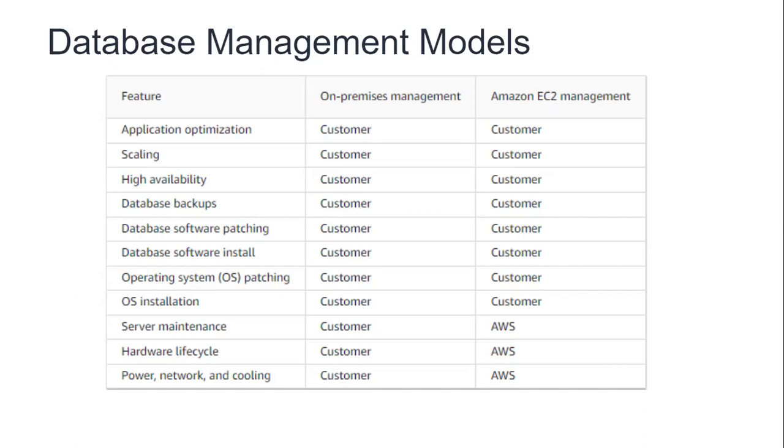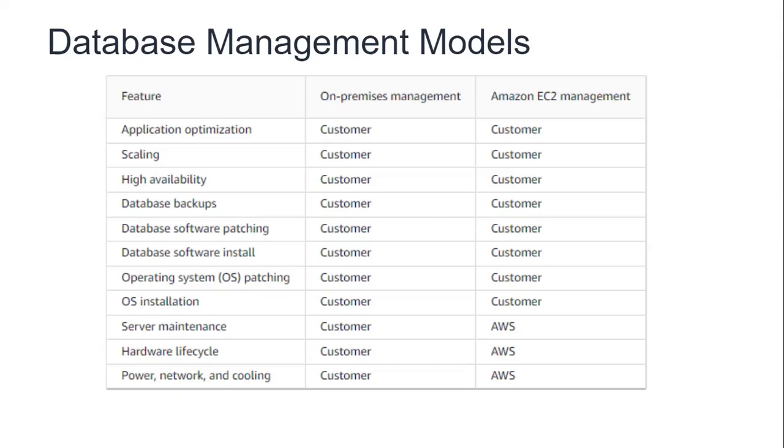It means you do a lot of the work. When you run your database on EC2, there's no difference from when you run your database in your own data center. The only difference is that AWS will take care of the server maintenance, maintaining the EC2 service for you: the hardware, the power, the network, and cooling.